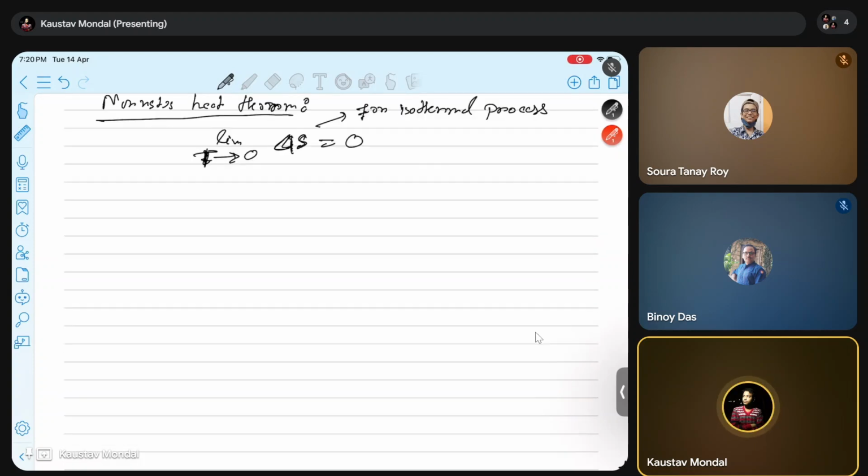Second is the Planck statement. What is this Planck statement?